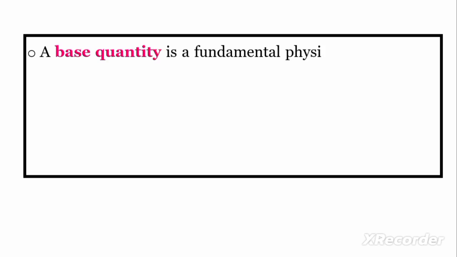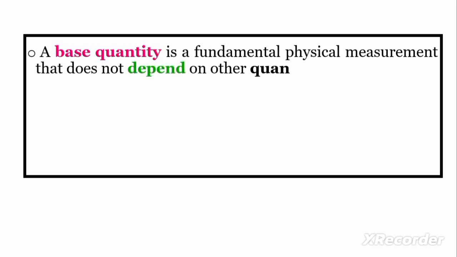A base quantity is a fundamental physical measurement that does not depend on other quantities. In simple language, a base quantity is a foundation quantity. For this reason, it doesn't depend on other quantities.